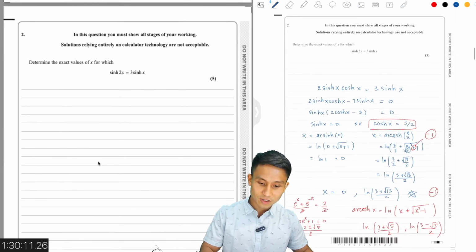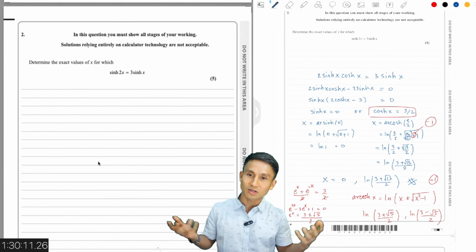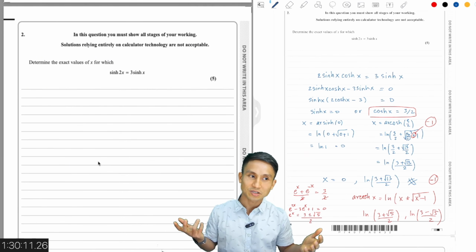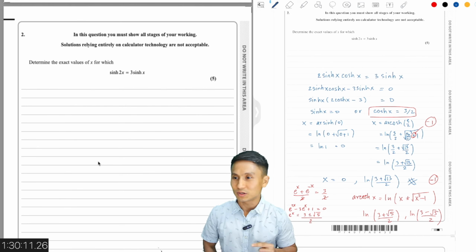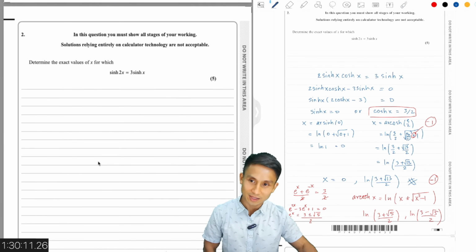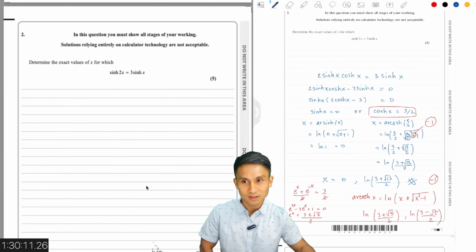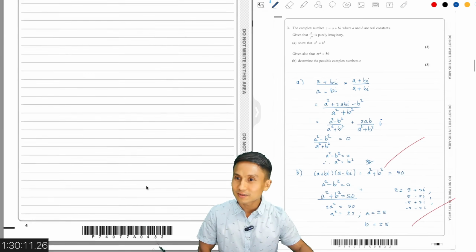This one, you need to know that when you solve for arc cosh, arc sinh, it's safer to just solve the quadratic manually because sometimes you can get 2 roots. I think you've got to be careful for this one, and that's what I want to stress about this. I lost marks here, right?